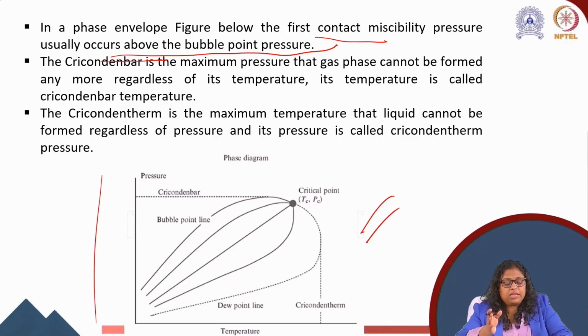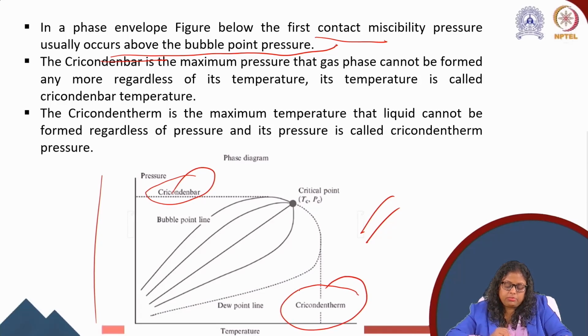So the cricondenbar is the maximum pressure. Here we have the cricondenbar and the cricondentherm, and here is another point, your critical point.